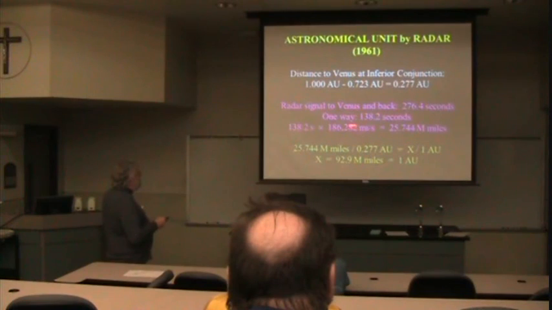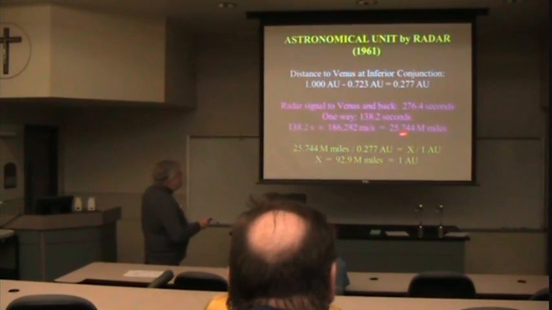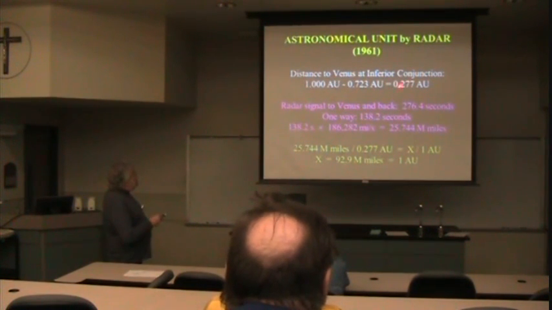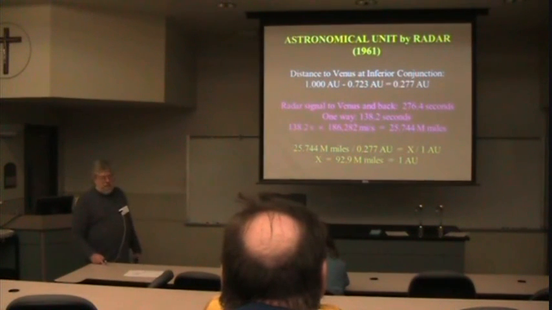As accurately as you know the speed of light, multiply it by that time, and you'll see the distance in actual miles. And since that's 0.277 astronomical units, the difference between the Earth's and Venus's when they're at the closest point, that gives you the distance of the Earth to the Sun as 92.9 million miles. So the radar is the way we know it most accurately.